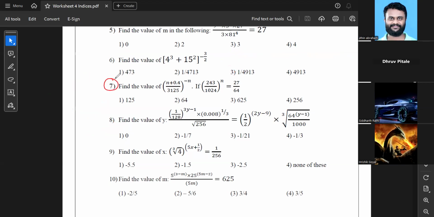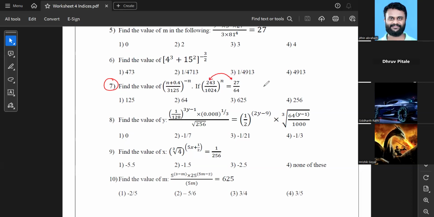Okay. Next problem. Find the value of n plus 0.4 divided by 3125 raised to minus n. So first of all, I'll have to find the value of n. If 243 raised to n divided by 1024 raised to n is equal to 27, what is the relation between 243 and 27?